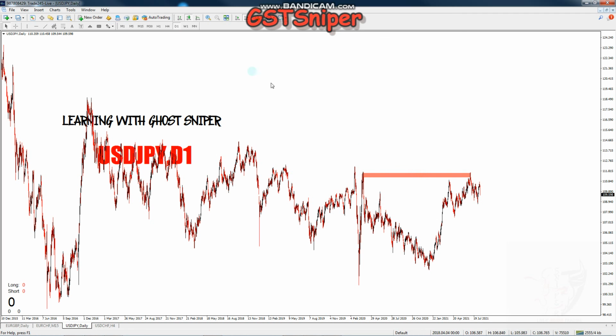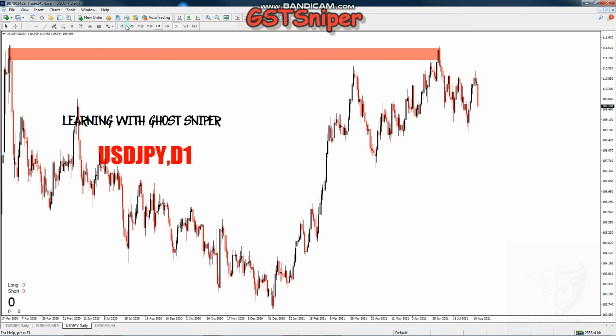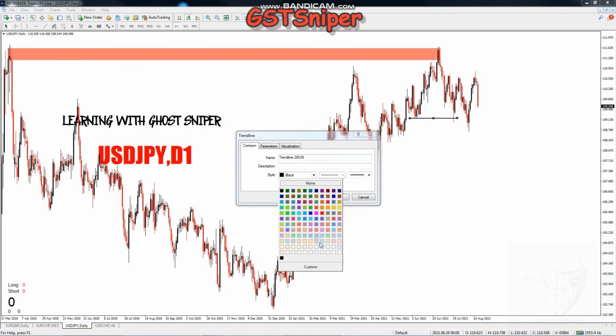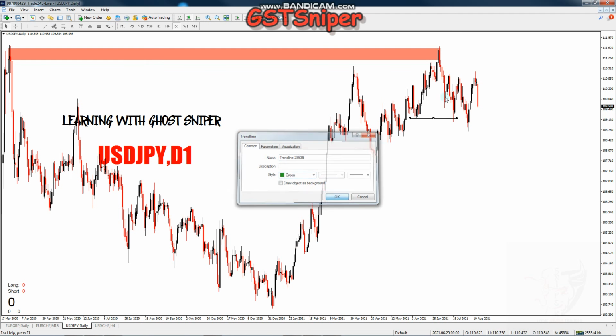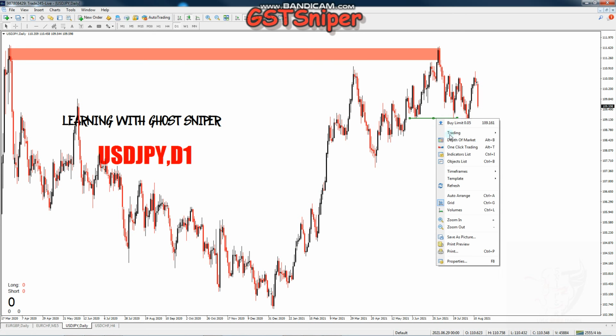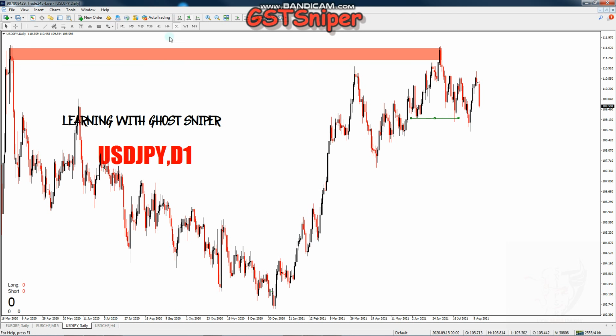Let's zoom in so that you can see. Price broke the structure from here, going down, giving us a new lower low.